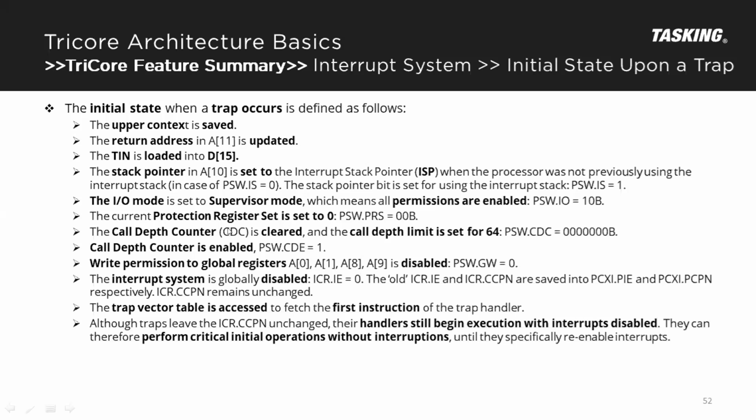The call depth counter is cleared, and the limit here is 64. And permissions to the global registers will be 0. They will not be enabled, so you cannot write to such global registers. The interrupt system is globally disabled as well, and then the trap vector will be accessed.